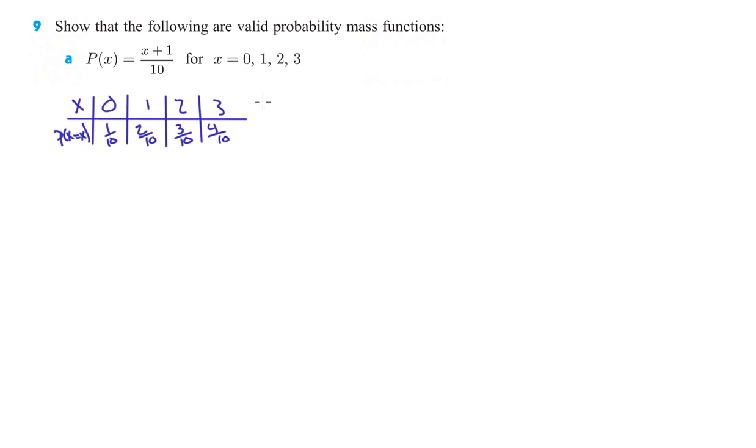Okay? So now show that these are valid. So we would have to just do 1/10 plus 2/10 plus 3/10 plus 4/10. If we add those all up, that equals 10 out of 10, which equals 1. So yep, that is valid.